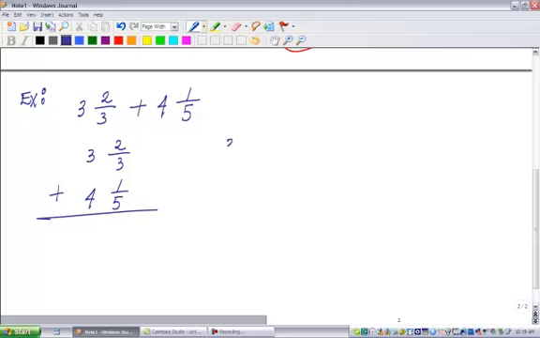If I want 15 in this denominator, I have to multiply 3 by 5, so I get 15. So I have to multiply the numerator 2 by 5, I get 10. Same thing here: I want to get 15, so I multiply by 3, and I also multiply the numerator by 3. Everybody's okay?